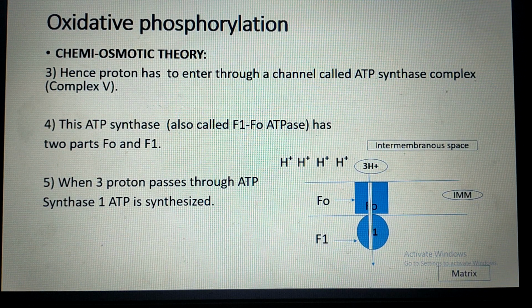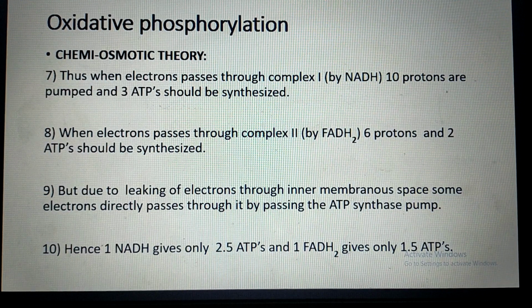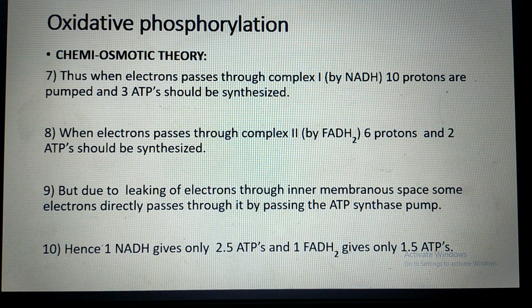because in the intermembranous space the concentration of protons is more, and on the matrix side the concentration of protons is less. Thus, when electrons pass through complex 1, 10 protons are pumped and 3 ATPs should be synthesized. 3 threes are 9.